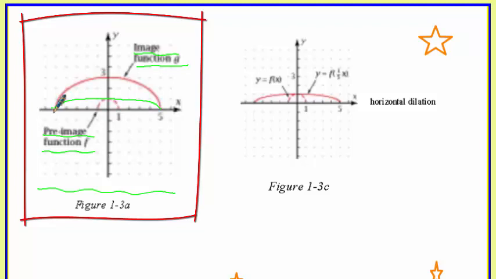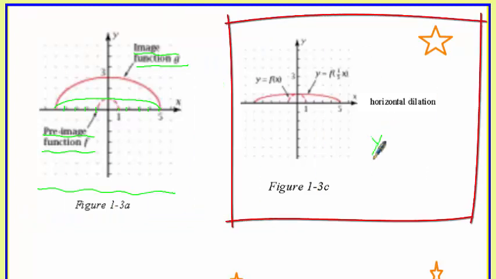So it is 5 units away now. The end coordinates on the x-axis are dilated by a factor of 5 to the positive x-axis and the negative x-axis. That's a horizontal dilation.